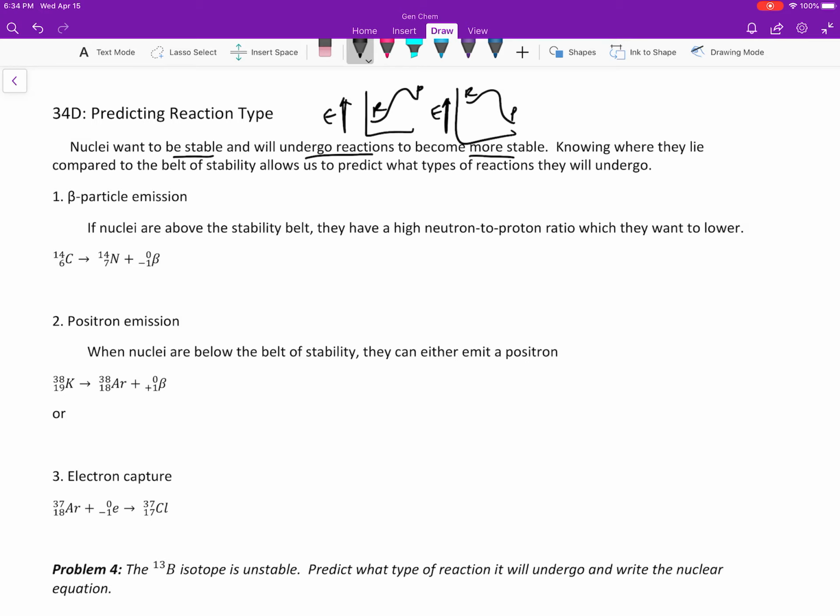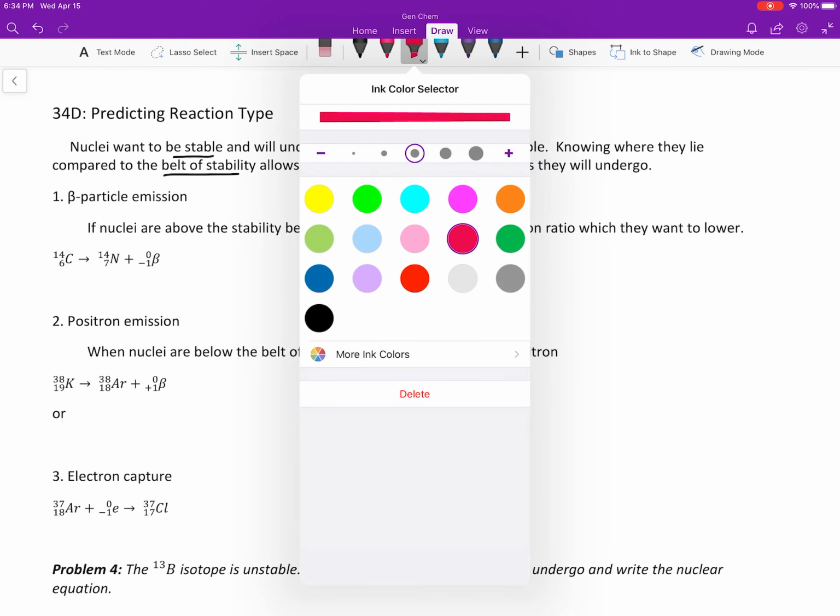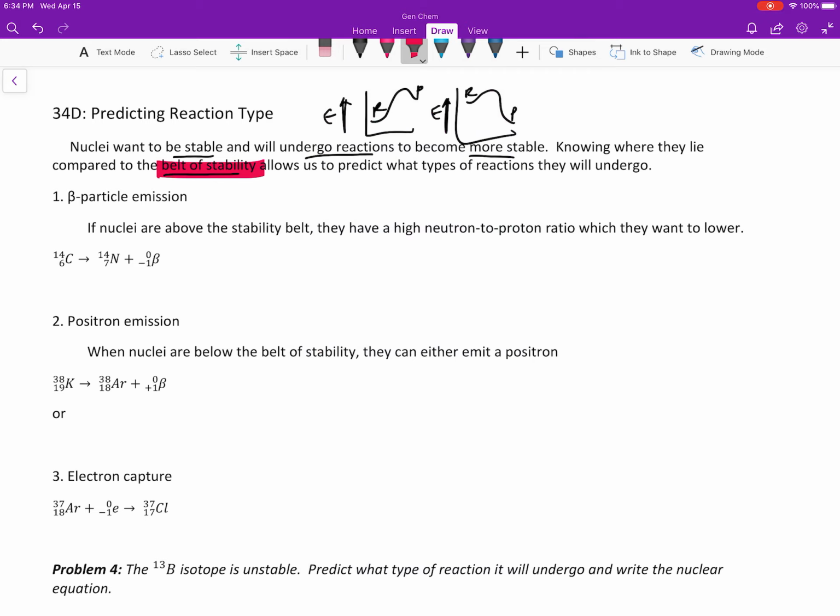Now in this case, we're not looking at hills per se, we're looking at where they are compared to the belt of stability. That red area in the graph above allows us to predict whether it's beta emission, electron capture, or positron emission. So if it is above, we said that this is going to undergo beta particle emission.